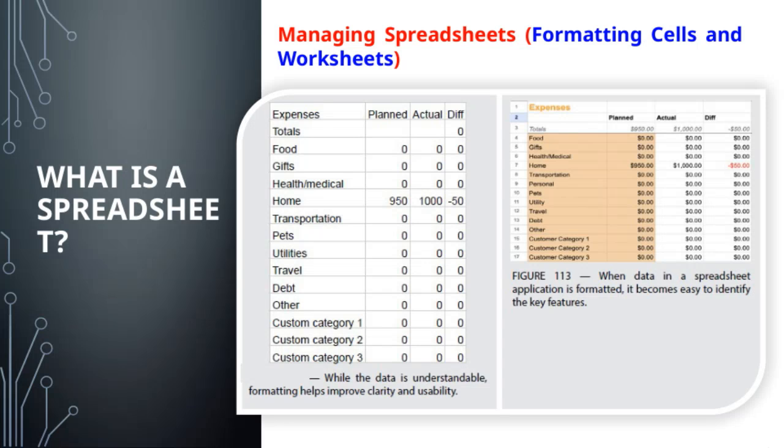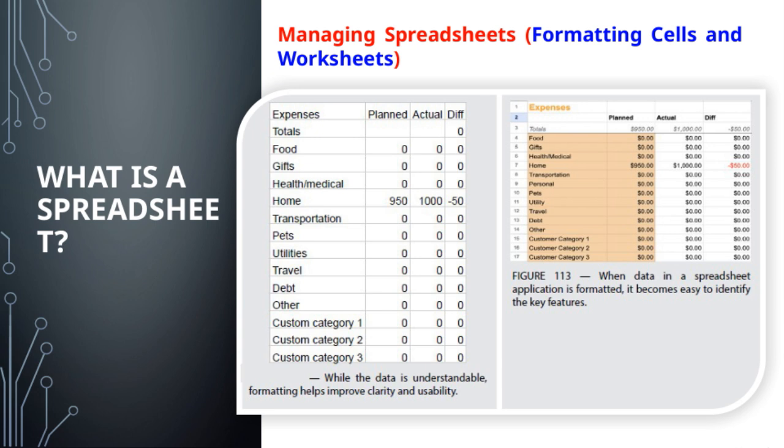Now let's talk about managing spreadsheets, specifically focusing on formatting cells and worksheets. But first, what exactly is a spreadsheet? Essentially, a spreadsheet is a digital grid made up of rows and columns where we can store, organize, and analyze data. It's a powerful tool that helps us visualize information clearly and efficiently. When working with spreadsheets, formatting plays a crucial role because it helps us highlight important data, make information more readable, and give our sheets a professional look.